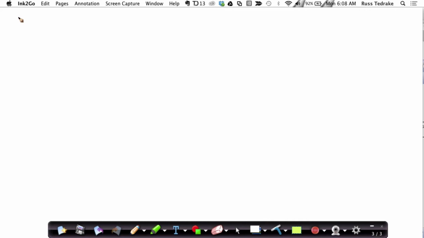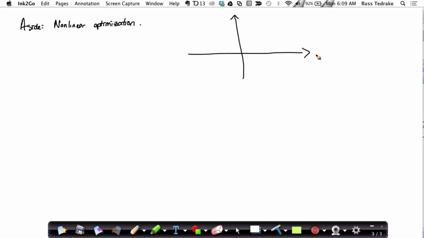Okay, let's take a quick aside to think about nonlinear optimization. The picture you need to have, like we drew last time, is I have some parameters alpha, maybe lots of them, alpha 1, and I have some function I'm trying to minimize.